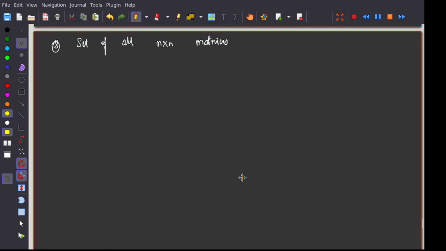Okay, so another example. What about the set of all n by n matrices? Why? Okay, so commutativity is not satisfied, so it's not a field. Multiplicative inverse does not necessarily exist.